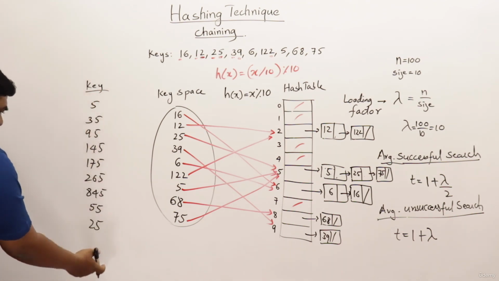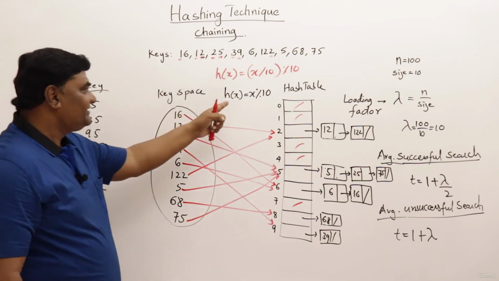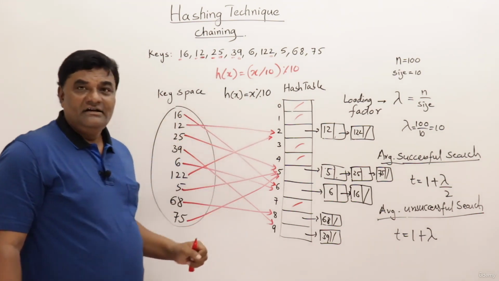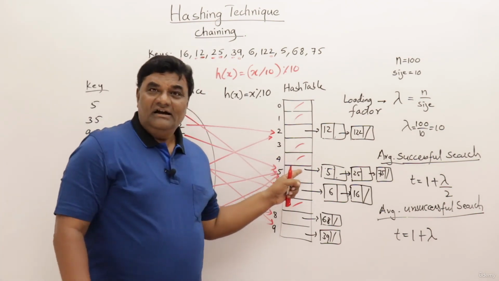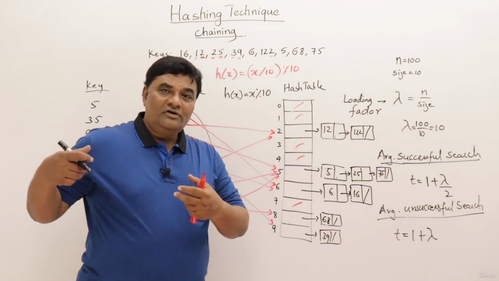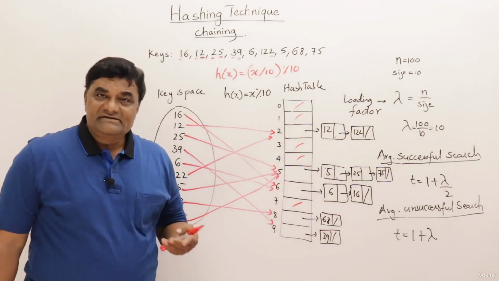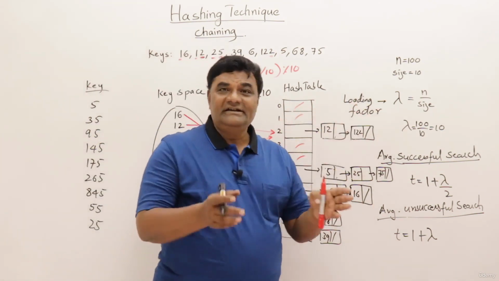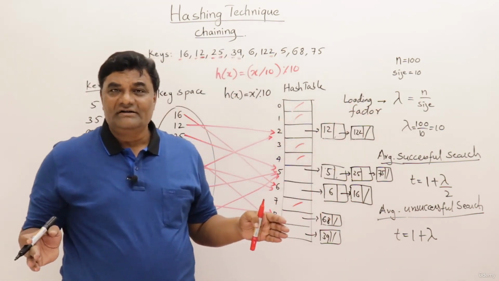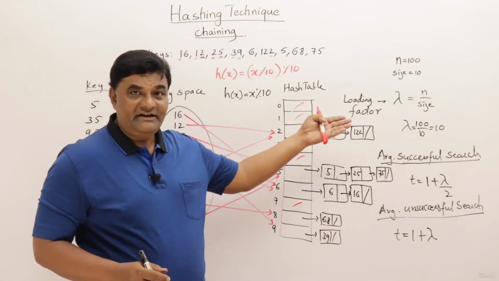All the keys are ending with 5 only. If I use this hash function, mod 10, then all the keys will be mapped to the same index 5 and the chain of all the keys will be formed here only, and all the other locations will be empty. So the idea that the keys are uniformly distributed, that assumption fails.